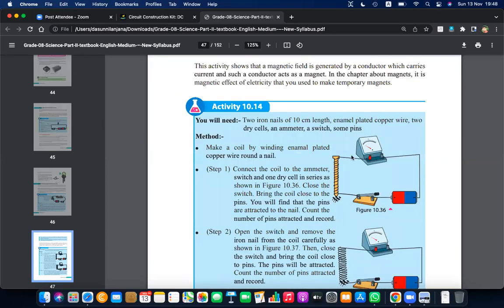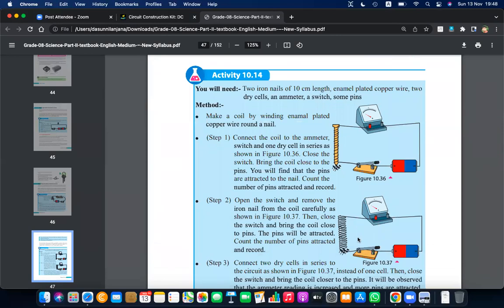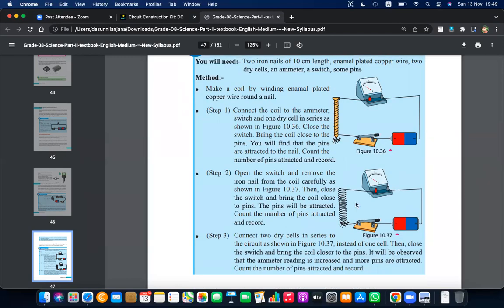So you can see this is just the coil, but here you can see when an iron core, actually an iron nail, is used. Which will be powerful, the second setup or the first setup? Which will create a more powerful magnet?